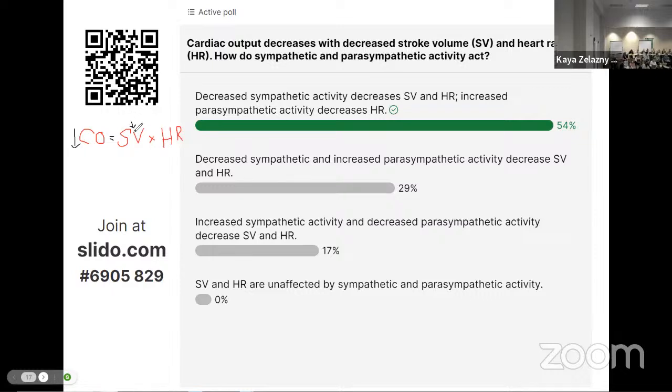Stroke volume here is affected only by the sympathetics because the parasympathetics don't go there. The vagus nerve doesn't get to the ventricles. Heart rate, however, the SA node is getting a signal from the sympathetic nervous system and from the parasympathetic nervous system. So both of them are going there.